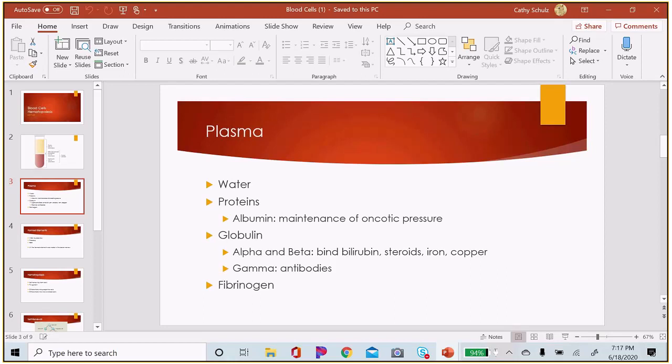And now that I see the word oncotic, I just want to remind you of the difference between the term oncotic and osmotic, because I've noticed sometimes that people use those interchangeably. So oncotic is specifically pressure from proteins. Osmotic is pressure from concentration. So osmotic pressure proteins could contribute to that because it would pull water.